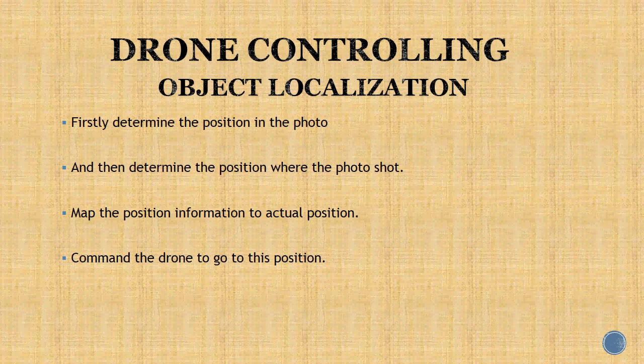The final step is object localization. From the image processing, we can get the position of the object in the image, and we know which frame we are processing, and we know the frame rate of the video, and we know the path of the drone while searching.